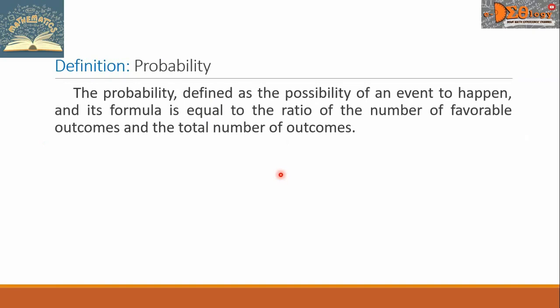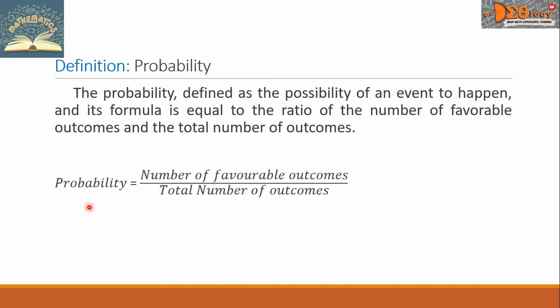Let us define probability. Probability is defined as the possibility of an event to happen, and its formula is equal to the ratio of the number of favorable outcomes and the total number of outcomes.